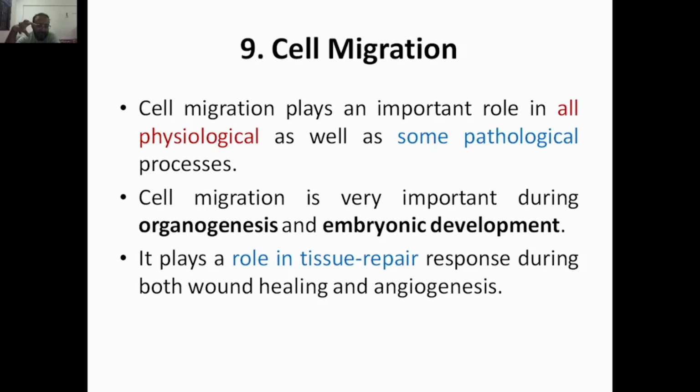It also plays a role in tissue repair, in response during both wound healing and angiogenesis, where blood vessels or blood tubes are formed. There also, cell migration plays a very important role.